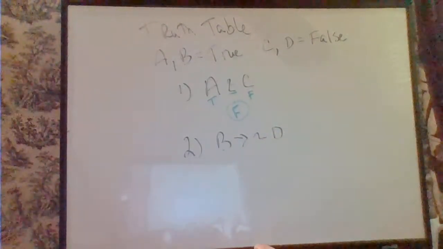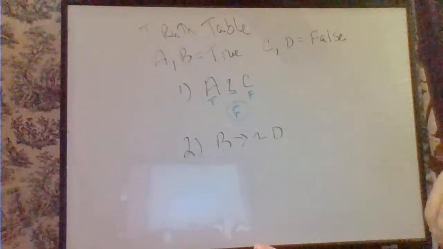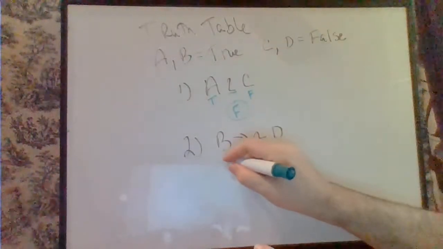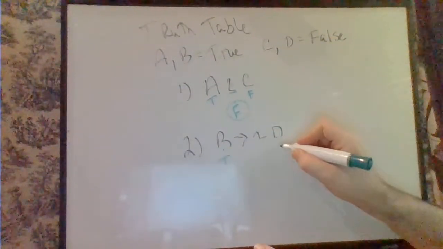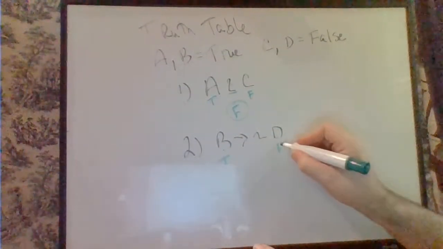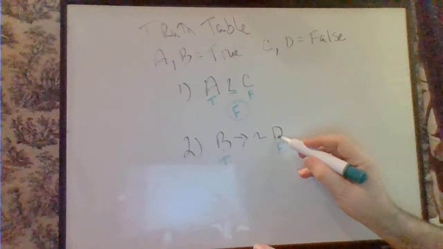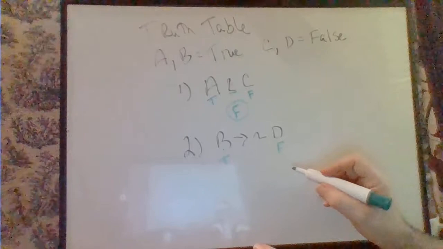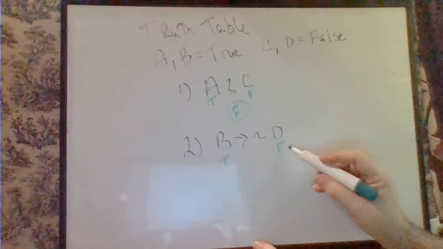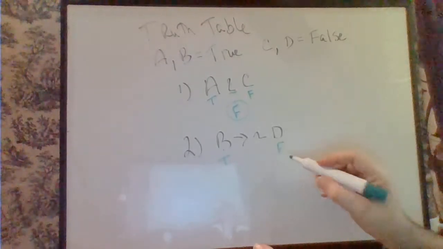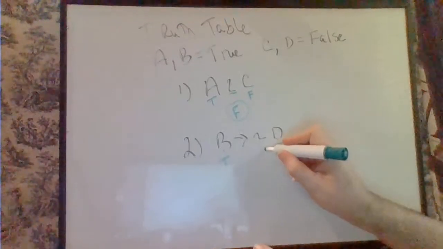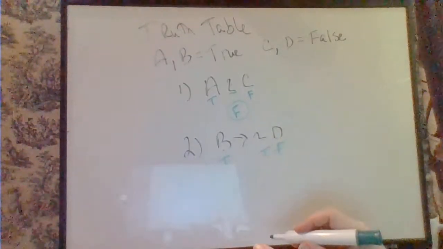Number 2, we've got if B, then not D. So we're told here that B is true. We're told that D is false. But now you'll notice that D has a tilde in front of it. So using your negation chart, if your letter is false and you negate it, what happens? Well, it becomes true. Right?